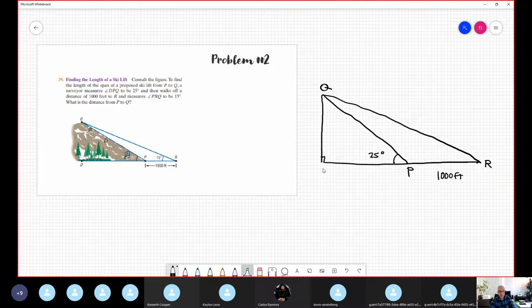And again, the surveyor takes a look at the angle of elevation and gets 15 degrees. Angle PRQ is 15.